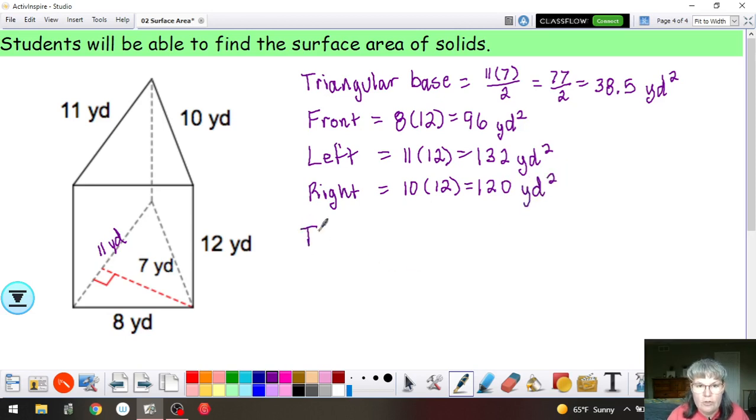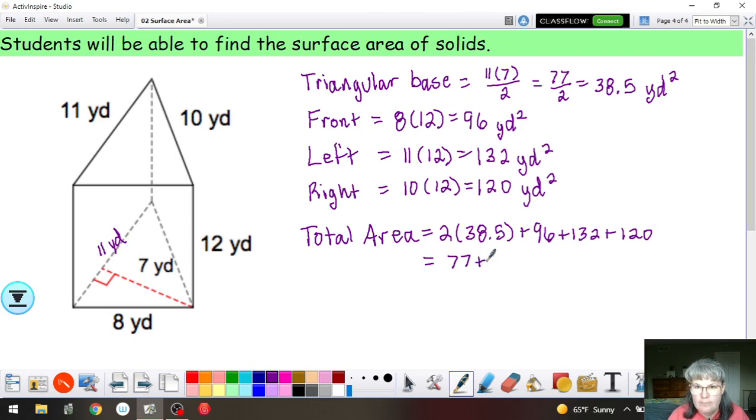So to find the total area, we need to multiply 2 times 38.5 and add 96, 132, and 120. 2 times 38.5 is 77.